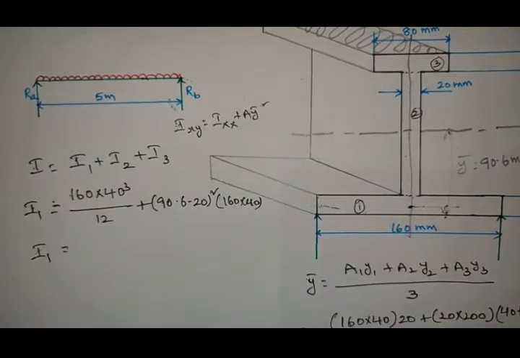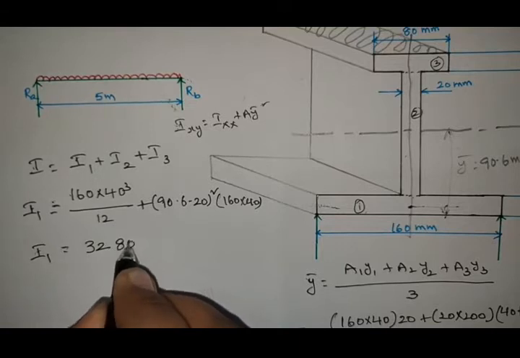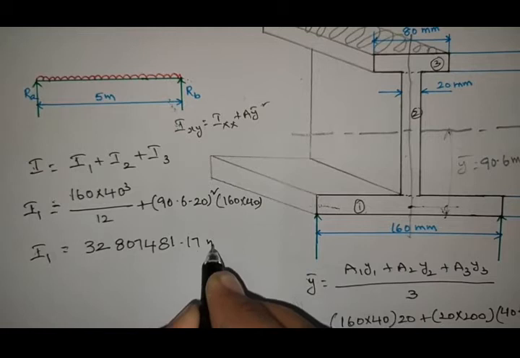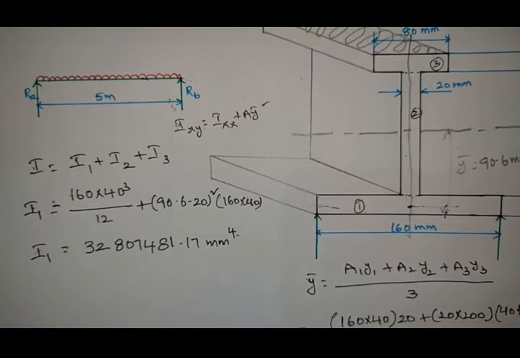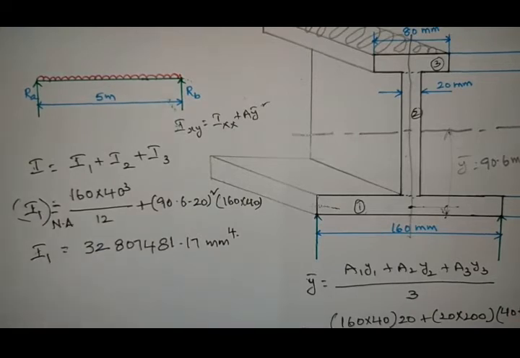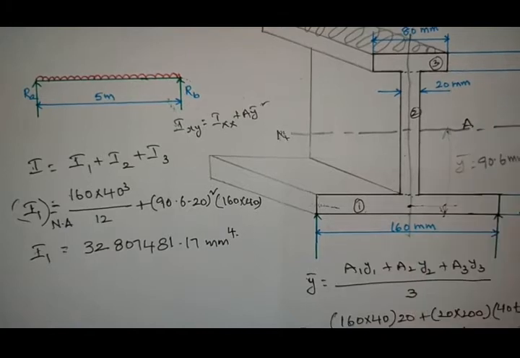I1 will be equals to 32807481.17 mm power 4. So this is the moment of inertia with respect to the neutral axis, right? So this one is the neutral axis.